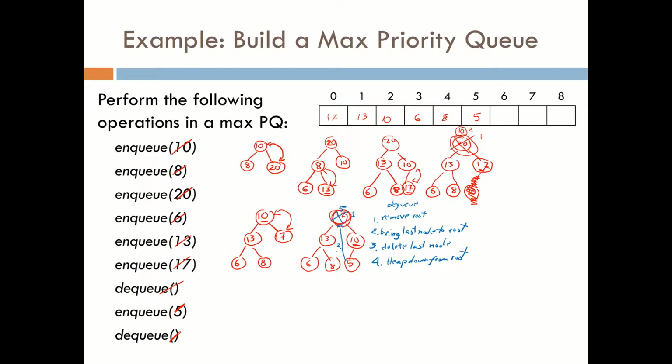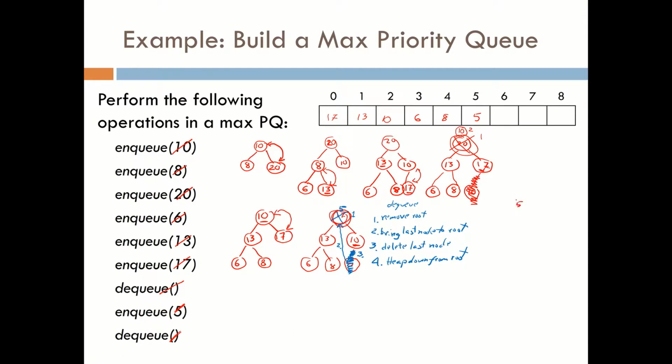Okay, we delete the 5 that was at the end, right? That is step 3. And now we're going to heap down, step 4. Let's give ourselves some room to do that. We're going to redraw the tree, having made some of those changes, and then we'll heap down.